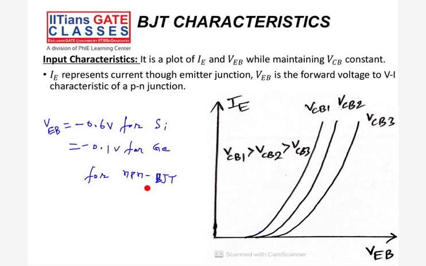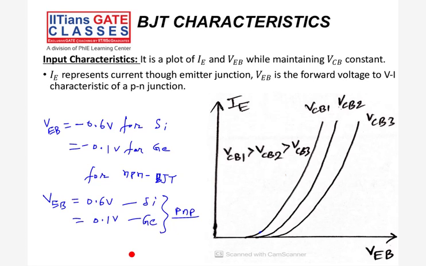For that transistor, we have these negative voltages. If we say this same value for PNP, VEB will be equal to 0.6 volt for silicon and 0.1 volt for germanium, and it will be for PNP transistor.